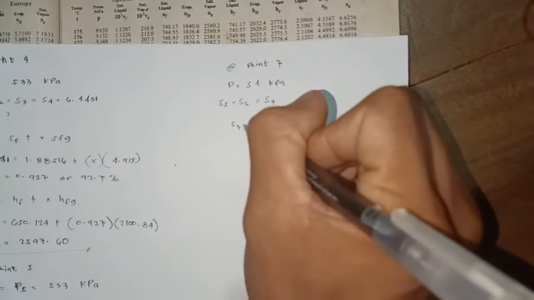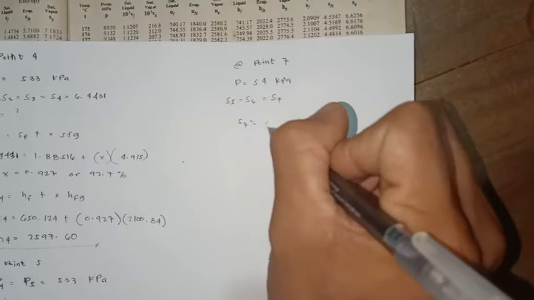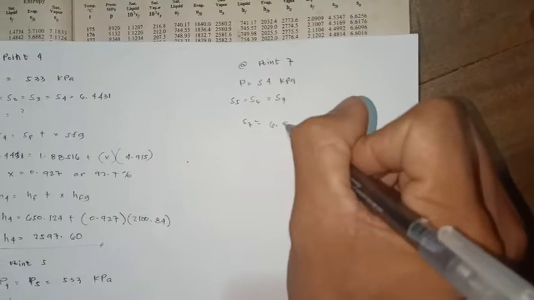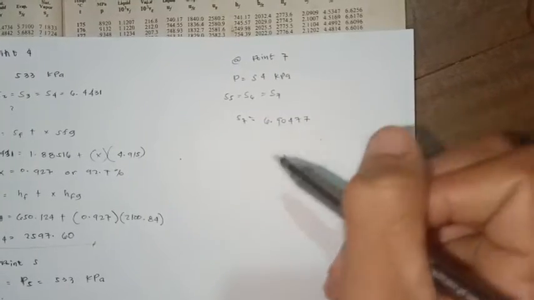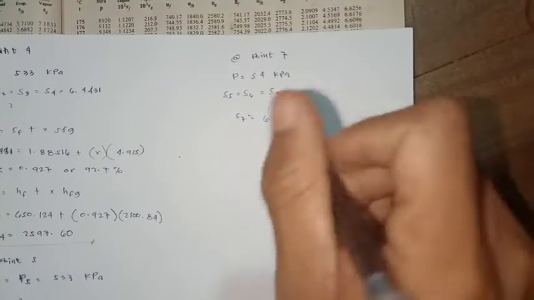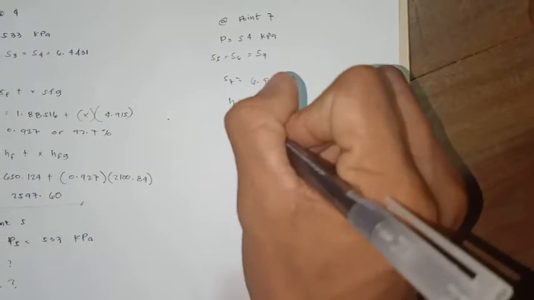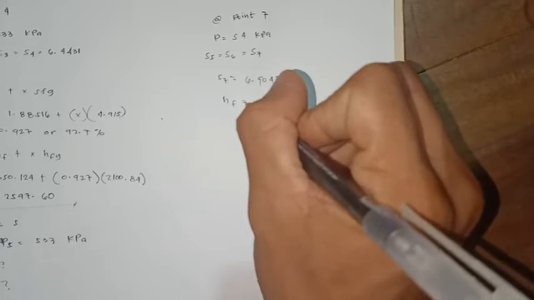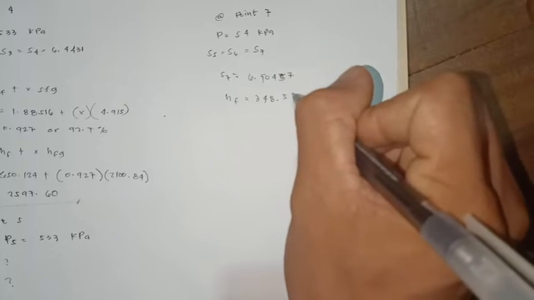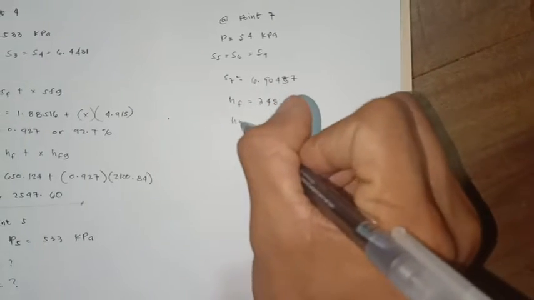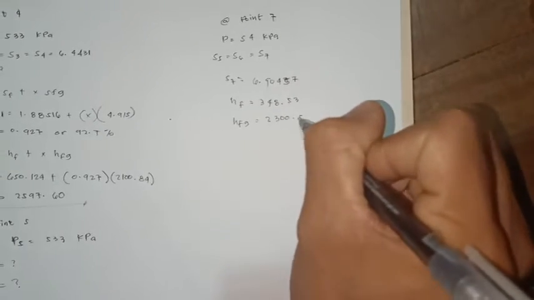So S7 is equal to 6.90457. So HF is equal to 348.50 from the table, and the HFG is equal to 2300.52.